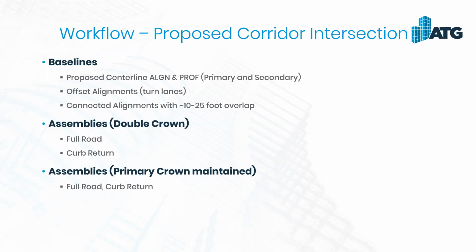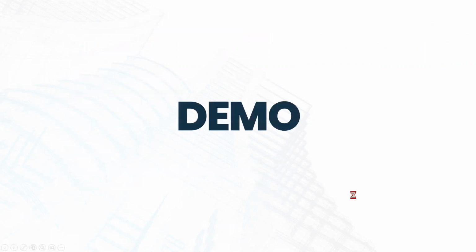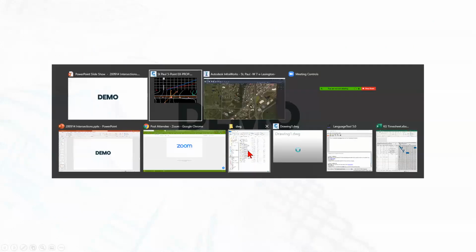So for this, we'll need the full road and the curb return, and then we'll need our primary road to drive right through the corridor using lanes only, targeting those offset alignments and profiles. Again, we're going to make heavy use of that copy region and apply those same parameters to a new baseline. So with that, let's hop back into the software.